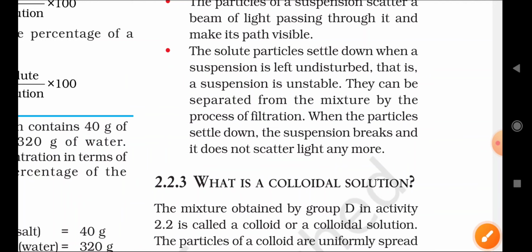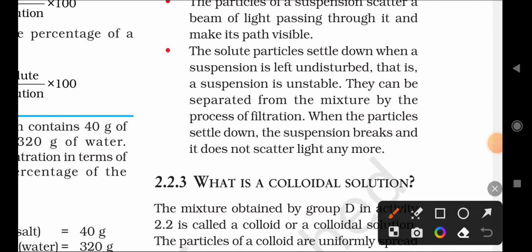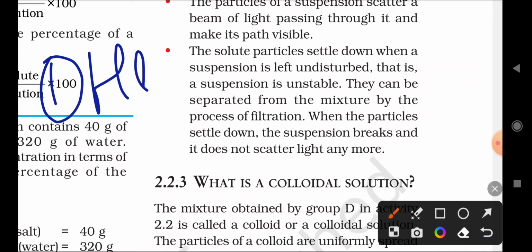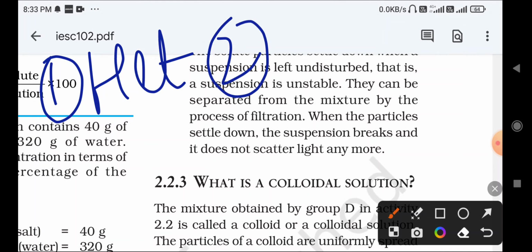These are some important properties of suspensions. Let us recall them in a few seconds. First point: suspension is a heterogeneous mixture and it can be seen with the naked eyes. Second point is cleared.